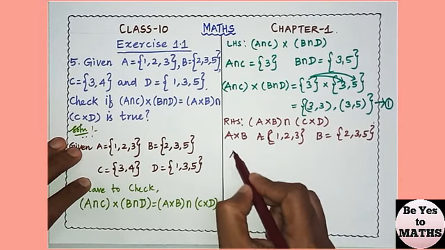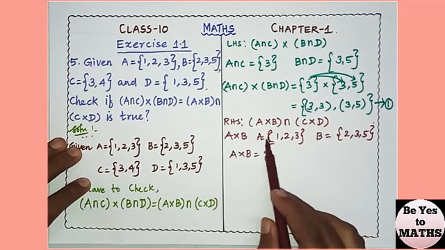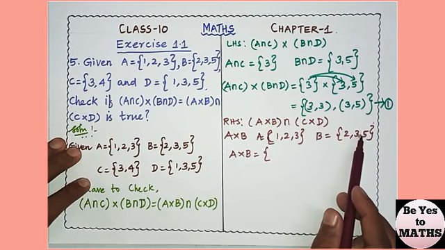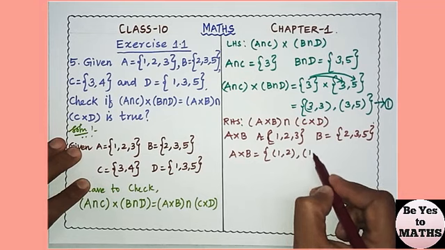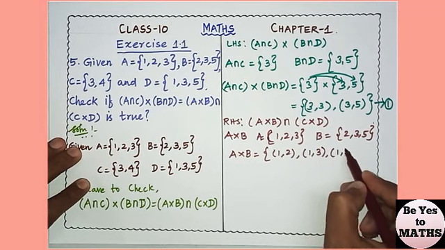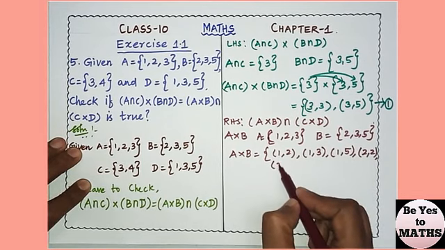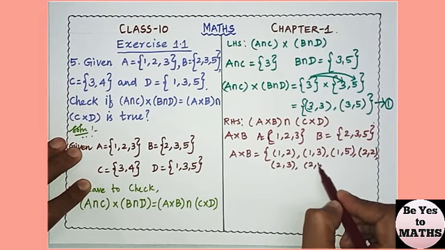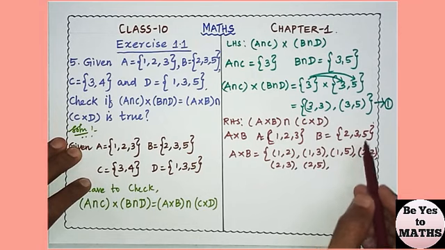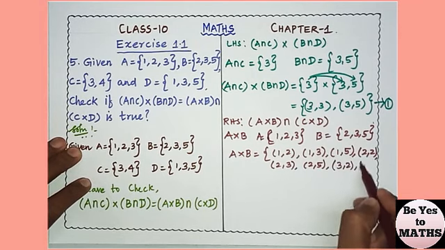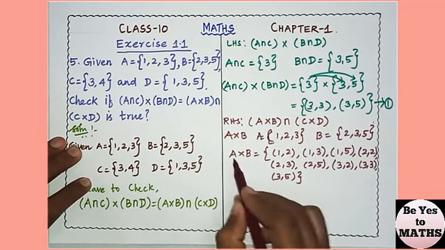So A × B is, take element 1 from set A and pair with all the elements in the set B. So (1, 2), (1, 3), (1, 5), (2, 2), (2, 3), (2, 5). Similarly, take element 3 from set A and pair with all the elements in set B. So (3, 2), (3, 3), (3, 5). This is A × B.